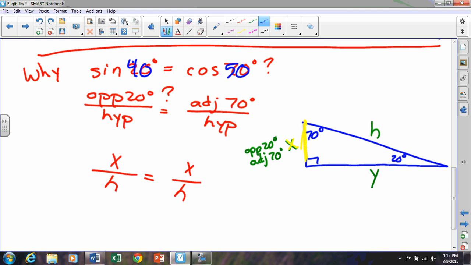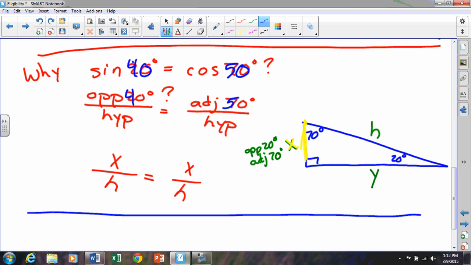It'll be opposite of 40 degrees and adjacent to 50 degrees. Or we could say 37 degrees and 53 degrees, 11 degrees and 79 degrees. But basically, that's it. You've got to have something like this, writing it up and providing some details.